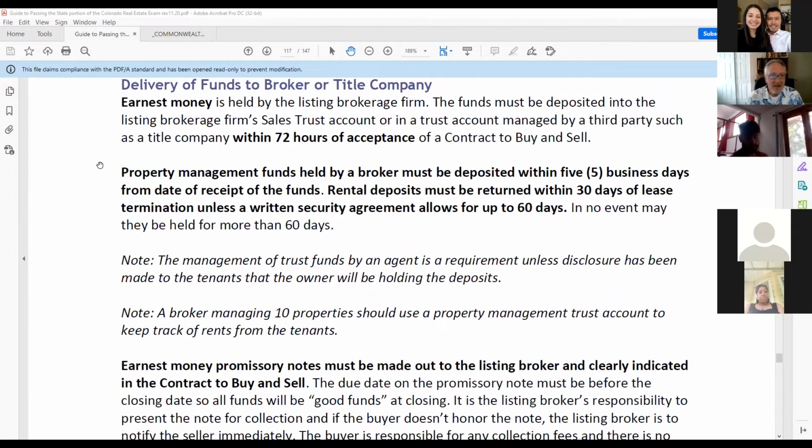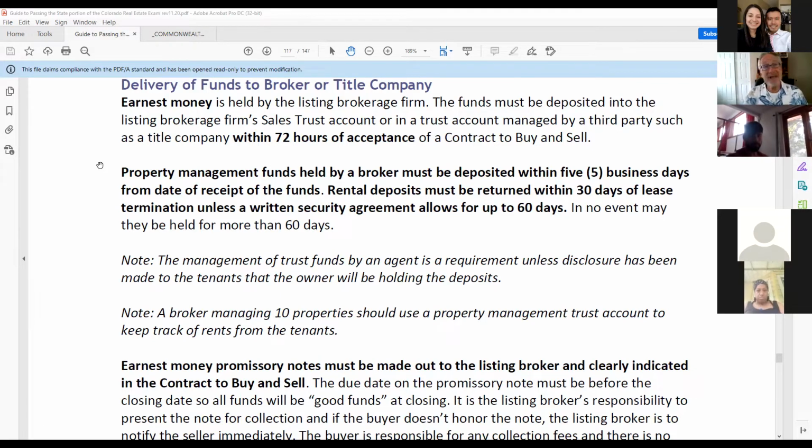Okay, delivery of funds to the title company. So this is for earnest money. I want to make sure there's a distinction, so we put both of them here for you. So we've got earnest money. Earnest money is to be collected within 72 hours of acceptance of the contract to buy and sell. 72 hours.